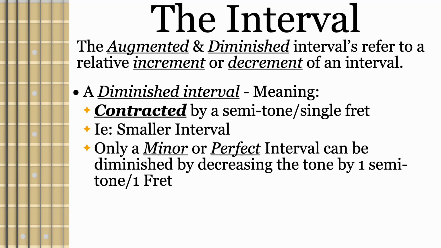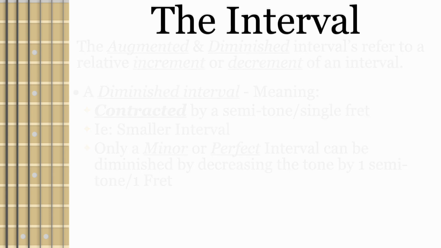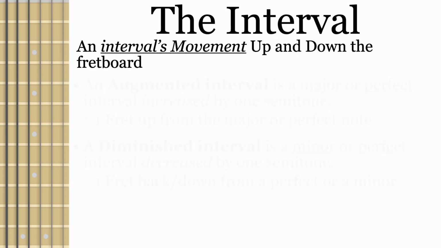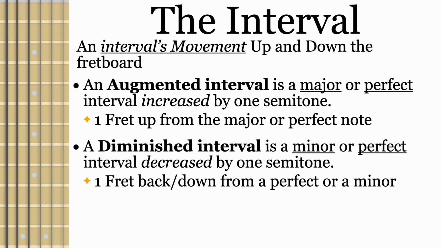If you haven't seen the previous videos on intervals, I encourage you to go watch those to understand a little bit how we determine whether we're going to use the term diminished or augmented or minor or major. But really, everything that we're talking about here is the intervals' movement. Again, the augmented and diminished, the minors and the majors, we move up, we move down, it kind of seems to make sense, right?